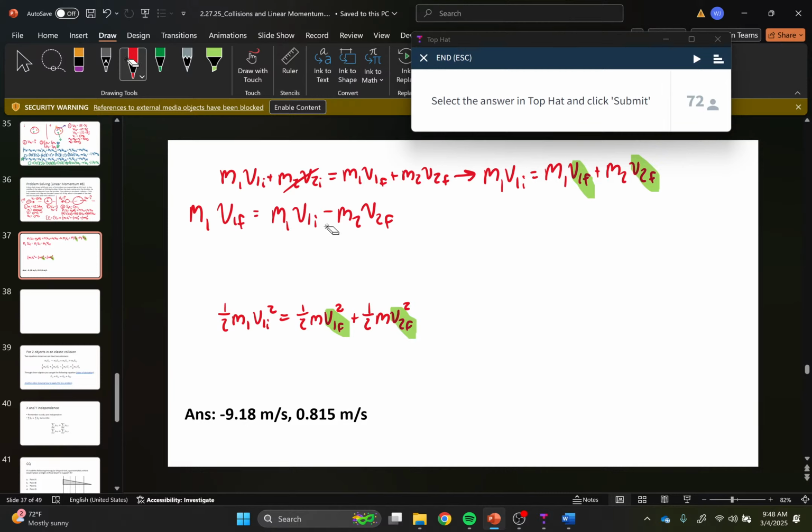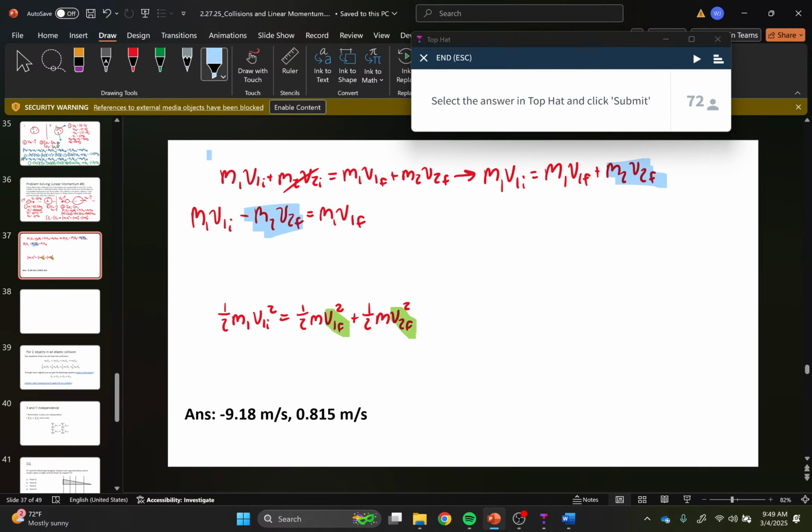Here, let me write it slightly differently because I want to make it as easy to see as possible. M1 V1 initial minus M2 V2 final equals M1 V1 final. All I did was move this to this side. I just subtracted it over.